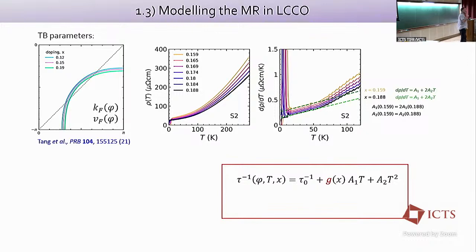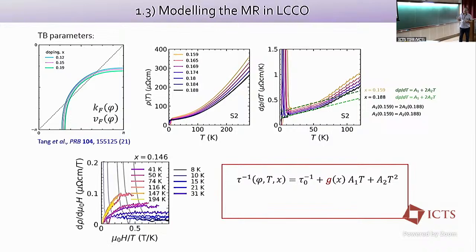One is the elastic scattering, which gives us our residual resistivity. And then we have the T plus T squared with a coefficient which is set by the resistivity. So these aren't fitting parameters, we just take it from the resistivity itself. And then we're assuming that there is some other constant which scales this A1 term. In all of the analysis that I'm going to show you, this is the only variable parameter in the fitting.